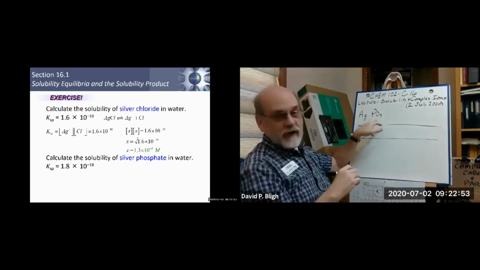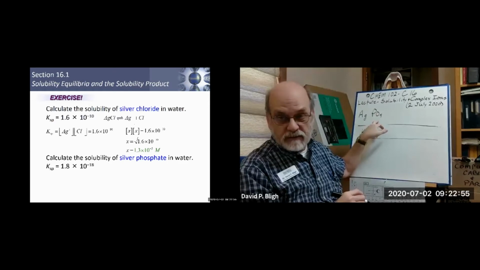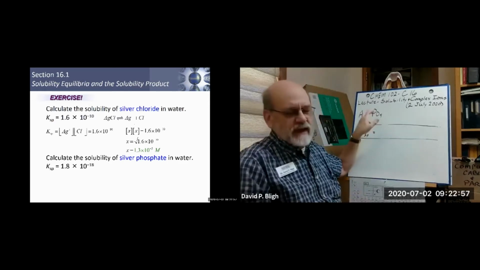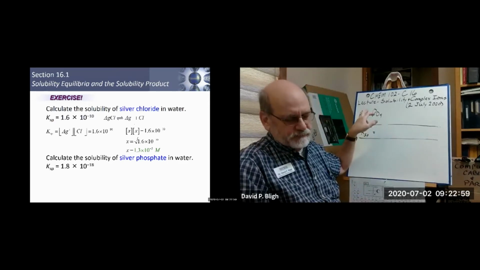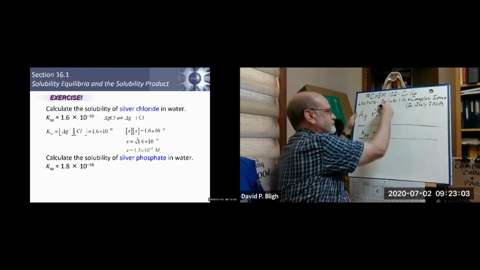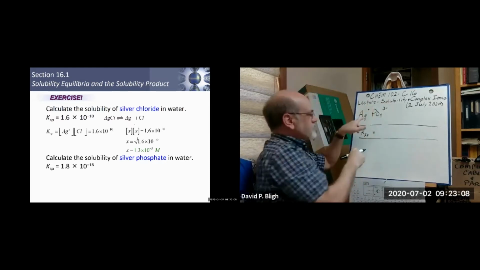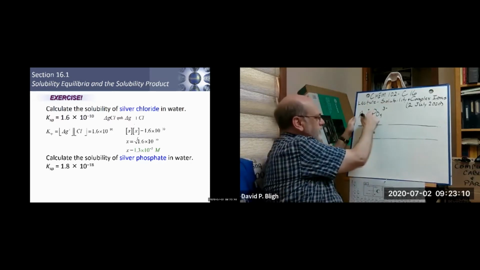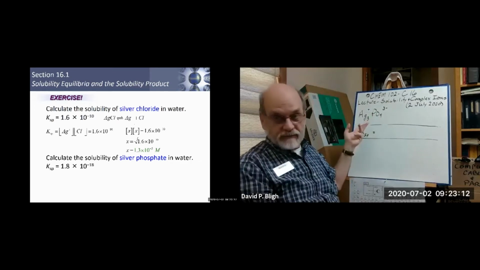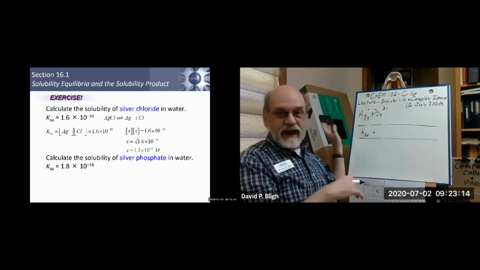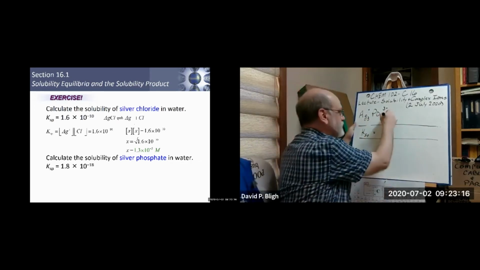Phosphate is a complex ion with a 3- charge. Silver is a 1+ charge, so you need 3 silvers. So there's your compound. Now we can write the rest of the expression, because this is a solid.